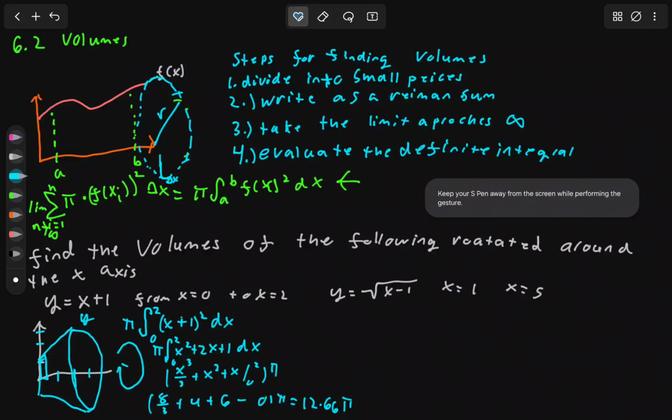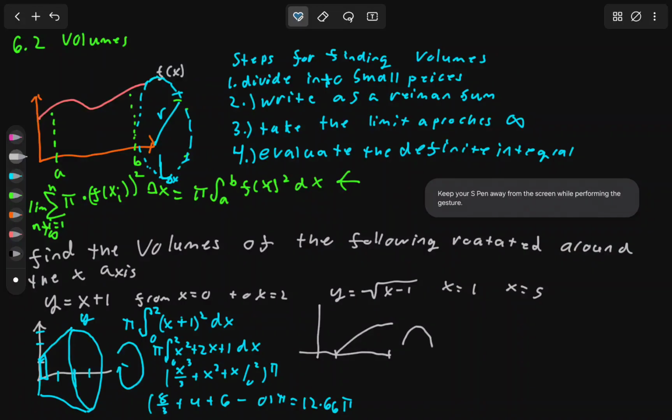So for this next one, what we have to do is draw out a small little graph, although this one I'm going to make a bit smaller. And this is going to be going from 1 to 5, and it's going to look something like this.